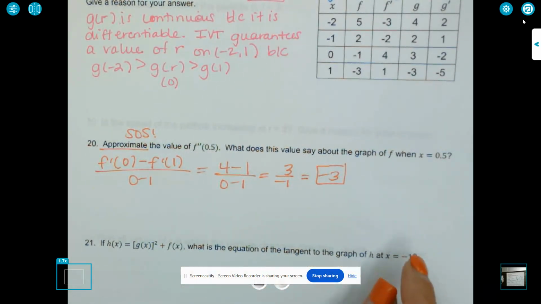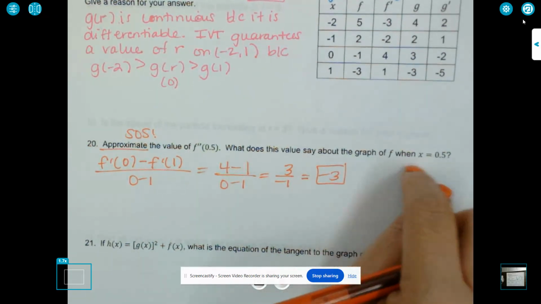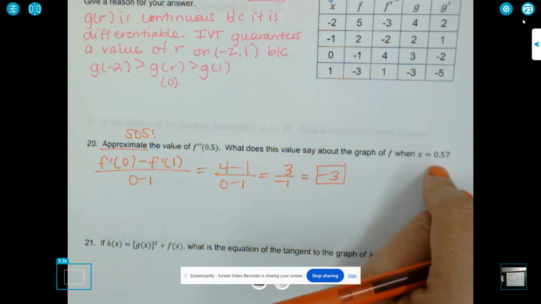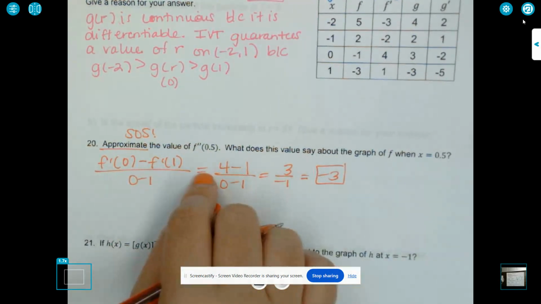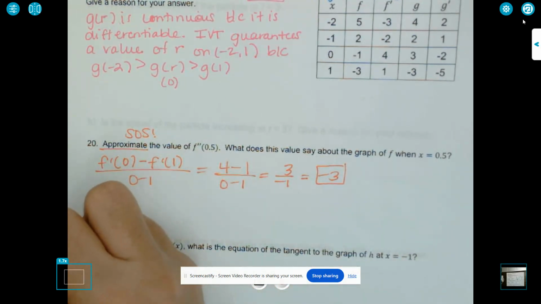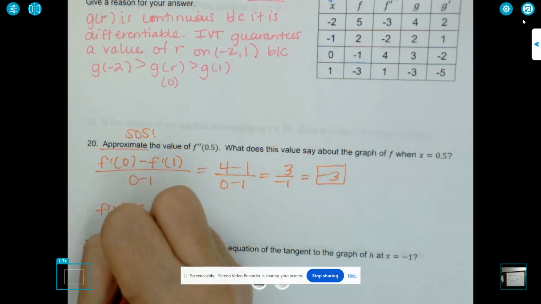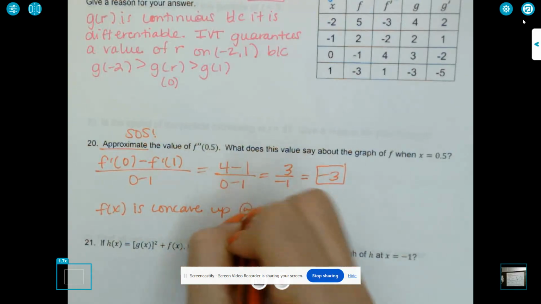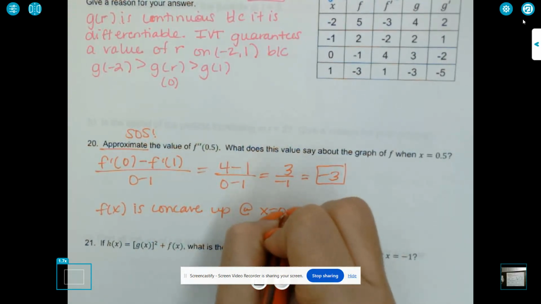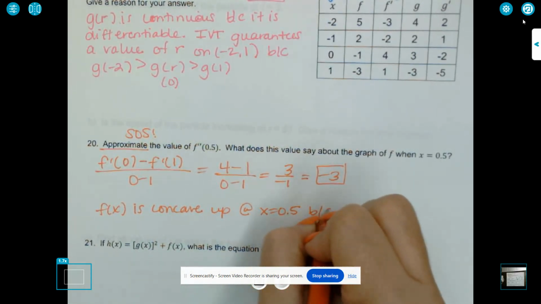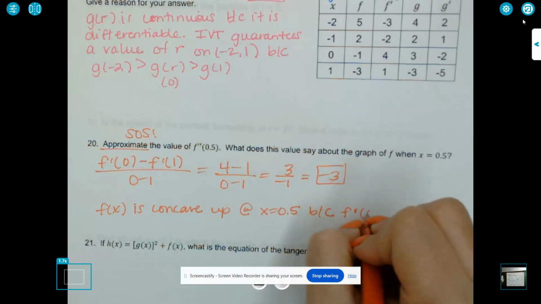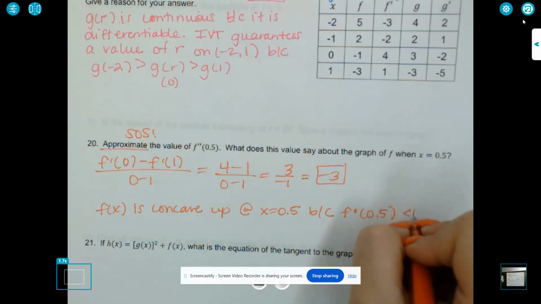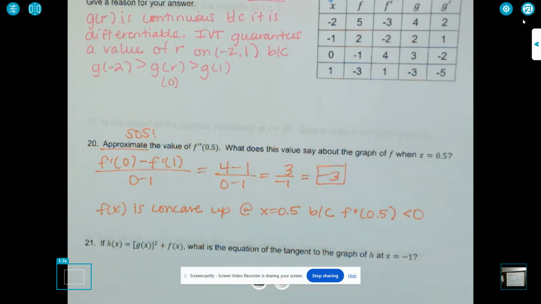And then what does that say about the graph of f when x is equal to 0.5? Because f double prime of 0.5 is less than 0, we can say that f of x is concave up at x equals 0.5.